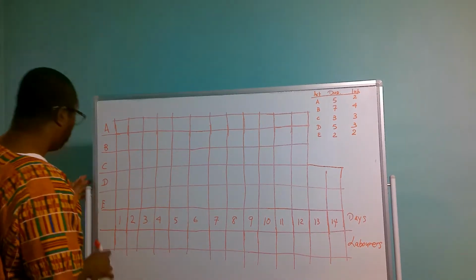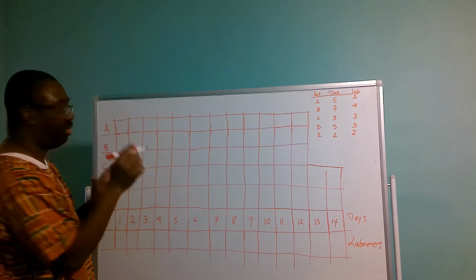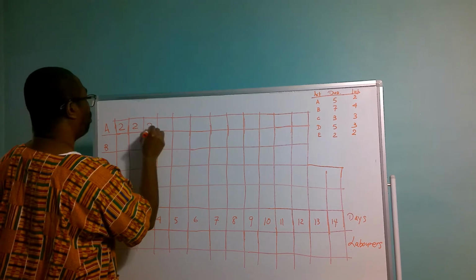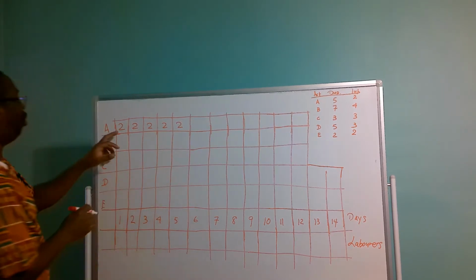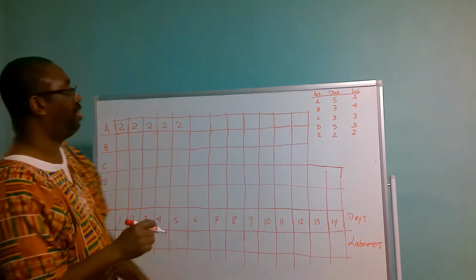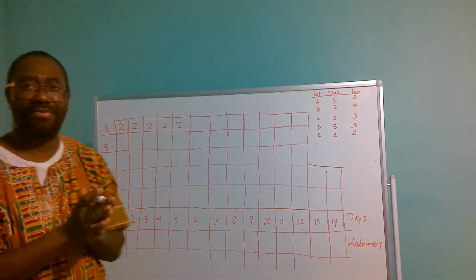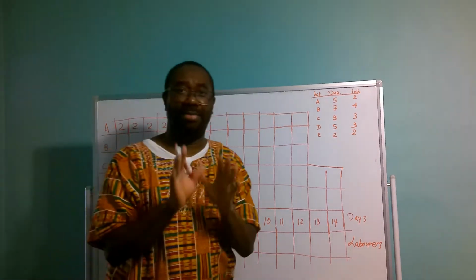We're going to count off 1, 2, 3, 4, 5, and each of those days we are going to have 2 laborers. So we have 2, 2, 2, 2, 2, a 5-day duration with 2 laborers each day.